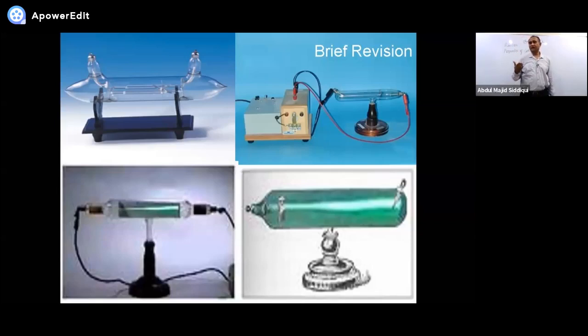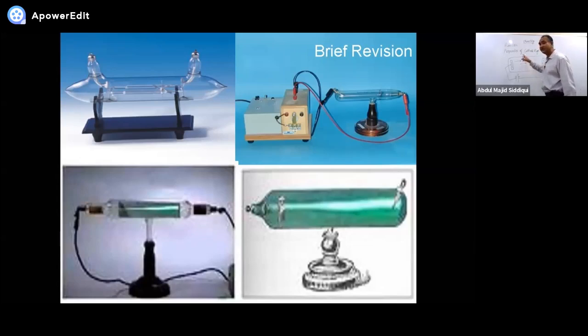Okay, second point. What would be the second point? Suppose this is the tube. Here we have the cathode, connected with the battery, and here we have an anode. These rays are traveling towards the anode, meaning they are being attracted towards the anode.